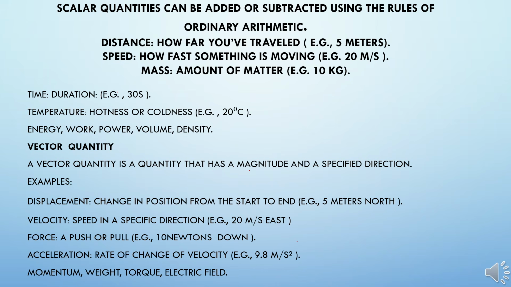The next example is mass. And mass is the amount of matter in a body. Mass has no direction. It has only magnitude. And so, if I should measure the mass of a stone, I'll get a value.